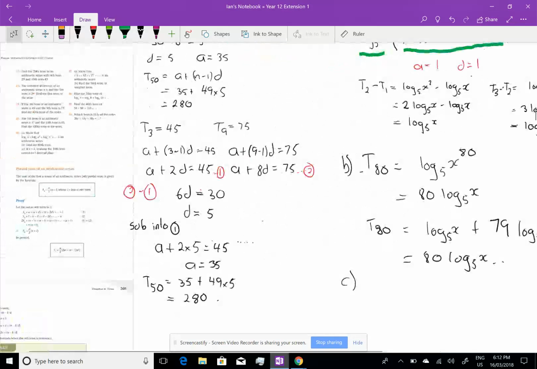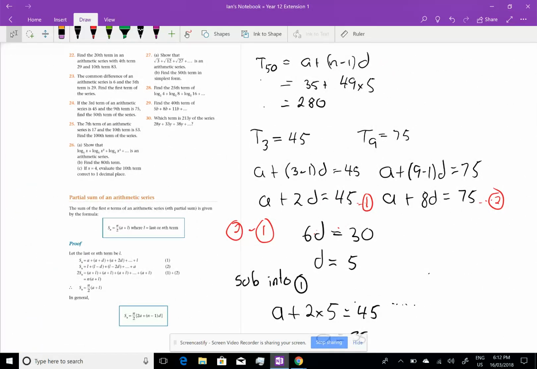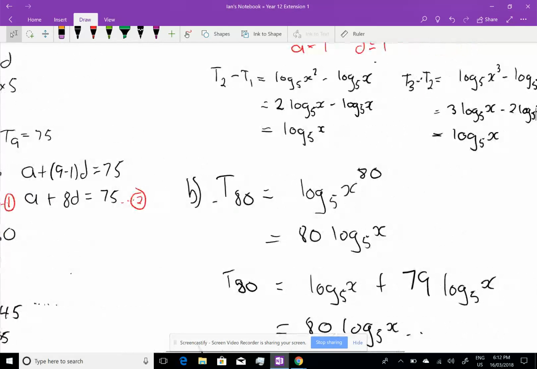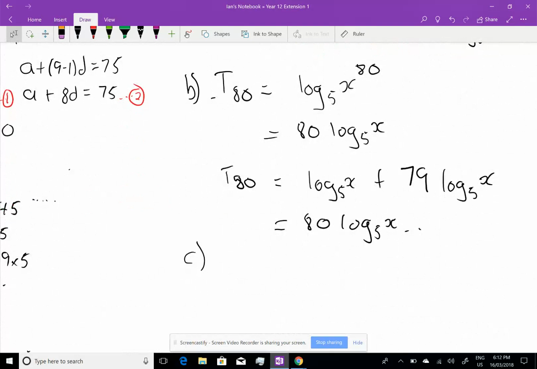Now it gives us this value for x. It says if x equals 4, evaluate the 10th term. If x equals 4, well, you could use a formula, but I'm going to jump straight to it.